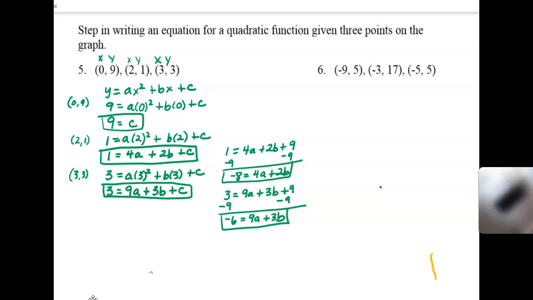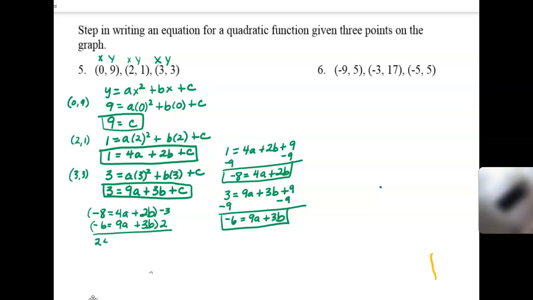Okay, so, let's see, negative 8 equals 4a plus 2b. Negative 6 equals 9a plus 3b. I'm going to need to do an elimination. So I'm going to multiply my top by a negative 3 and the bottom by 2.